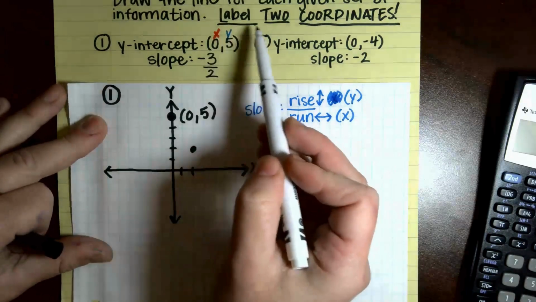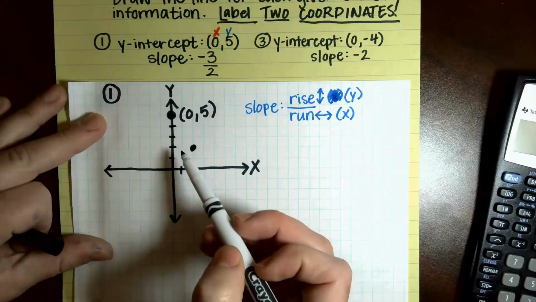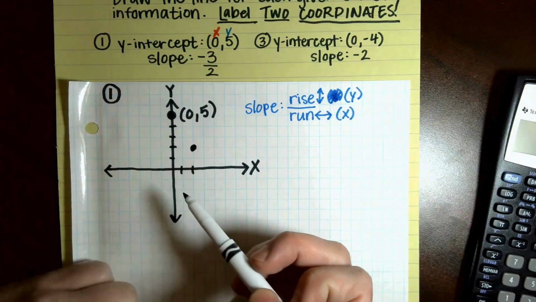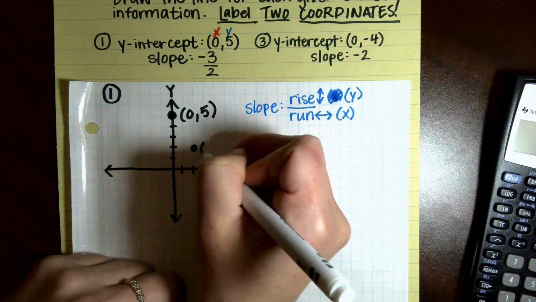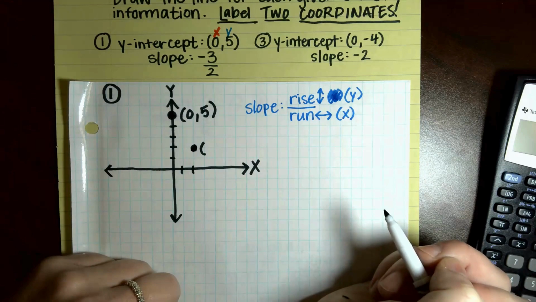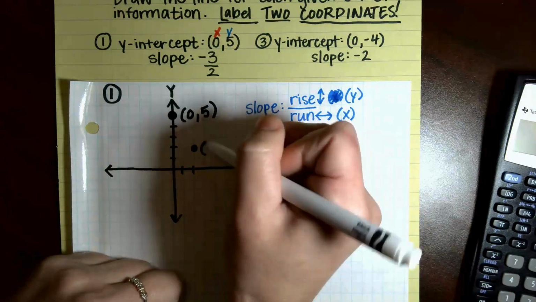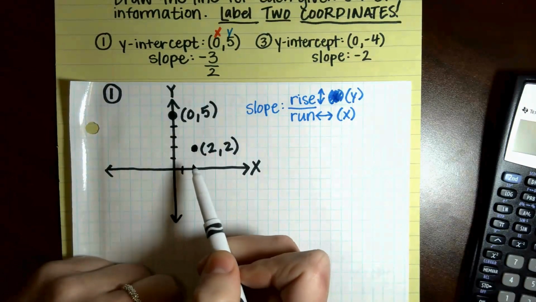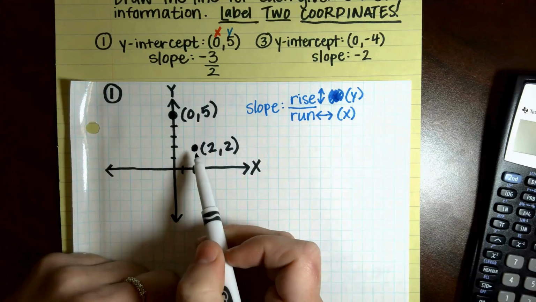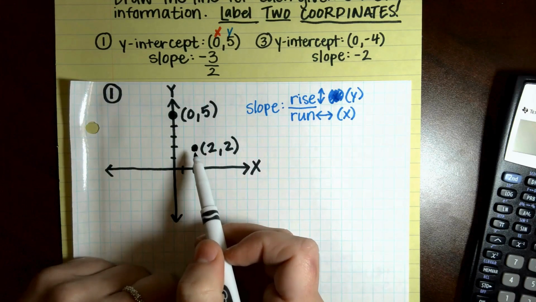Now it says we need to label 2 coordinates. So what are we going to call this coordinate? How do we find that? I heard somebody say it is (2, 2). And in case you're confused, this is how we would label a coordinate if we don't have a coordinate given to us.